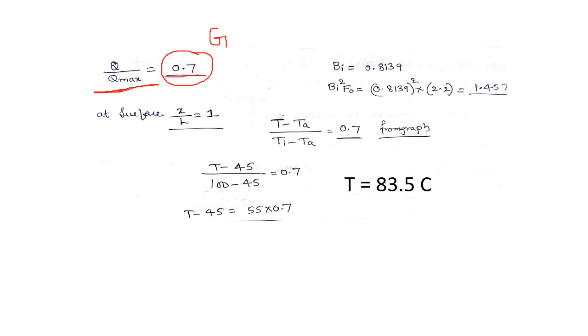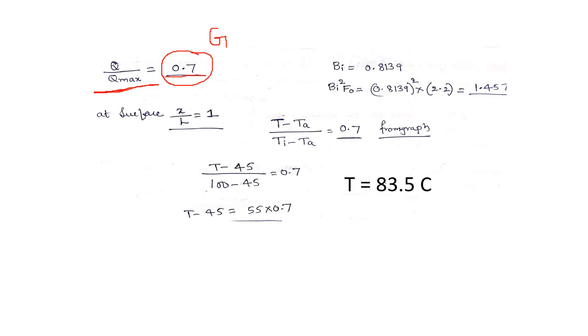On the graph again we require two values. The Biot number we have already calculated as 0.8139, and in the graph this value is also available. Let me calculate that first.